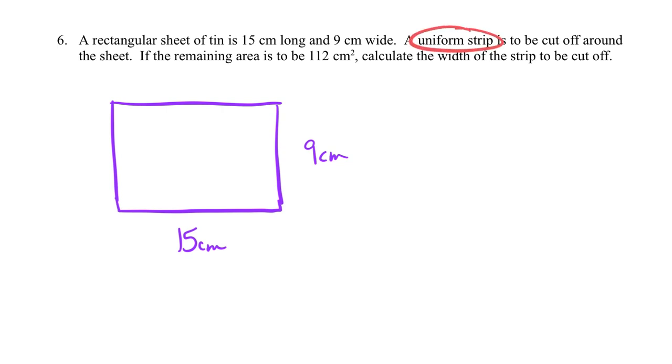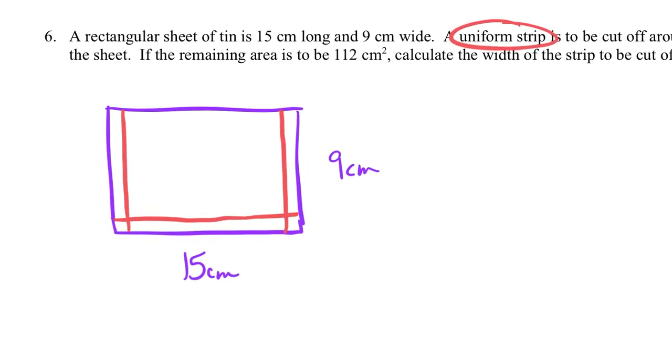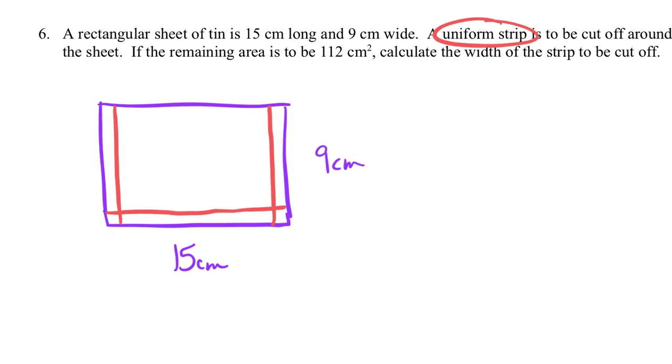What that word uniform means, same size. So, a strip that is the same size is to be cut off around the sheet. So what that means is if I was going to cut like this little thin strip off that end, then I would have to cut off that exact same width everywhere. Notice like I did that same thing on those other two sides.